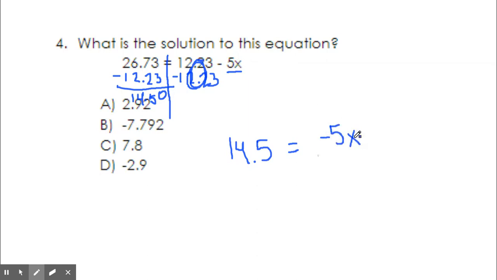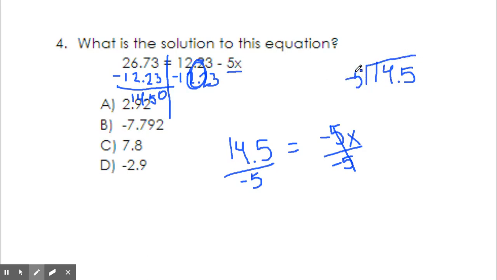All right, now I've got to undo any multiplication or division. They're side by side, which means they're multiplying. So I'm going to do the opposite action. I'm going to divide to get rid of that 5 and get x alone. Whatever I do to one side, I must do to the other. So I'm going to work out 14.5 divided by a negative 5.